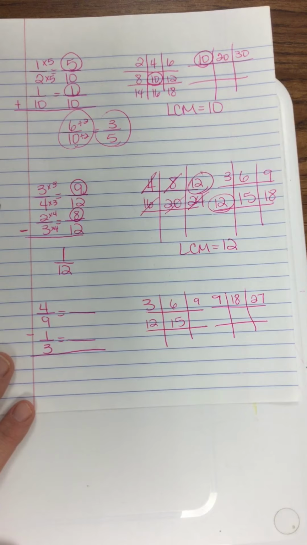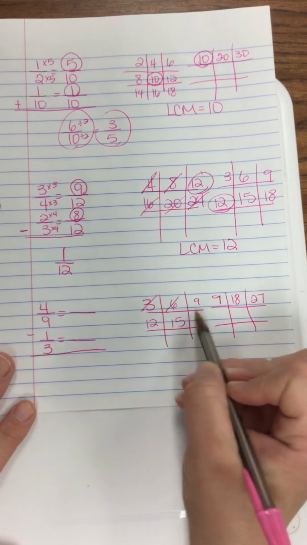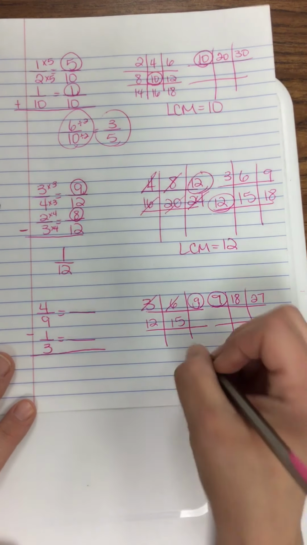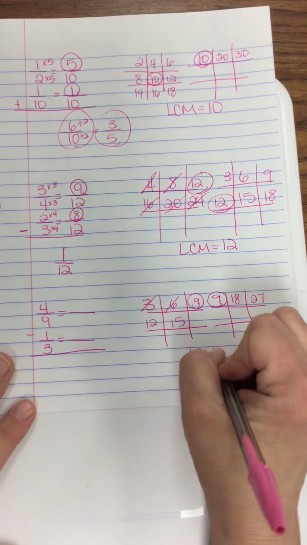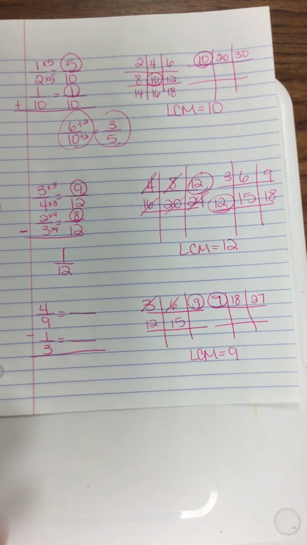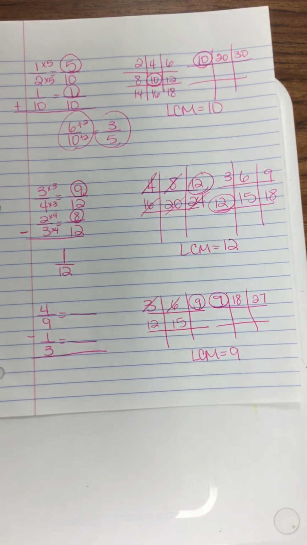Okay, and I can stop there because there's no 3 or 6 on this board, but they both do have a 9, don't they? Okay, so that means your LCM, the smallest number they both have in common, is the 9. Okay, and what that means, again, it's the smallest number both tic-tac-toe boards have in common is the 9.